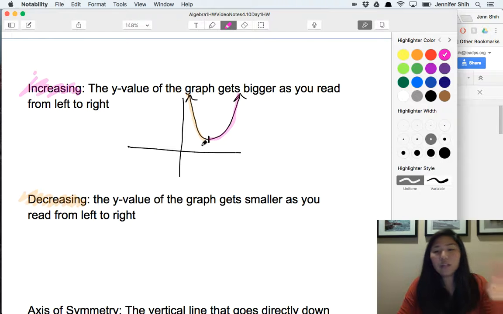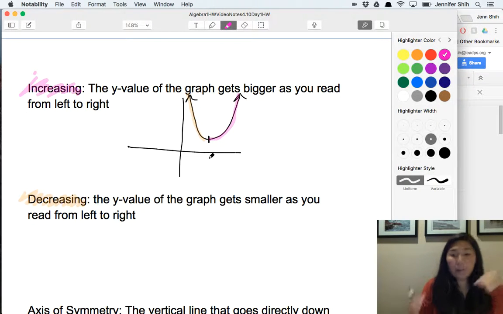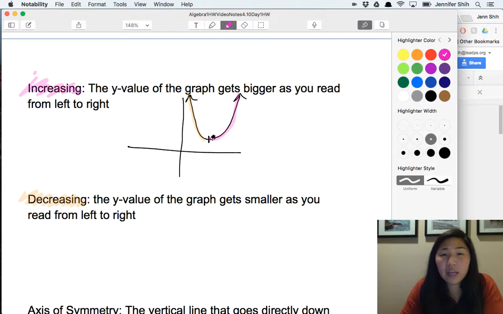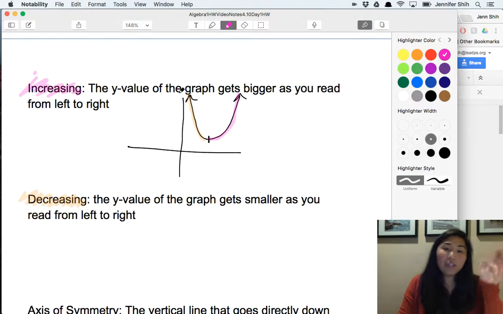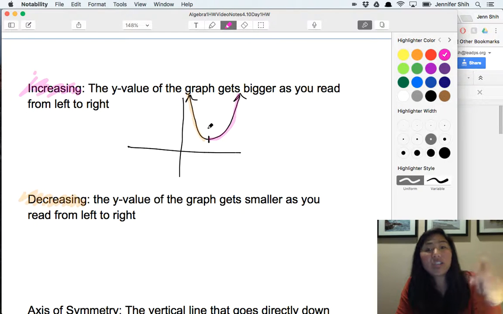And there are different ways you can describe when the graph is increasing or decreasing. You're going to cover that more later in your math career, but I just want to show you now that this graph is increasing on the right because when I read from left to right, the graph gets bigger, and it's decreasing on the left side because when I read from left to right, the graph gets smaller. There is a point where it changes from decreasing to increasing.